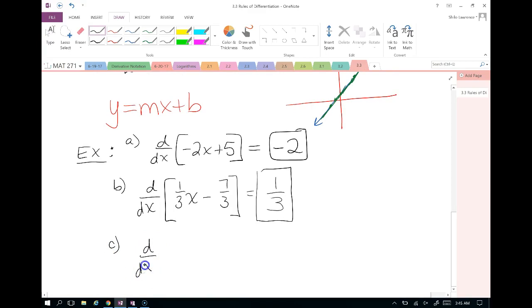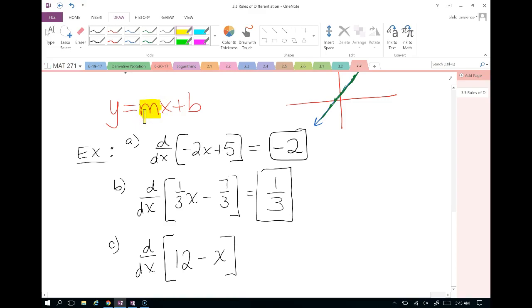The derivative of 12 minus x. So I rearranged my terms a little bit there, so you need to be careful. The slope always appears as the number in front of your x.